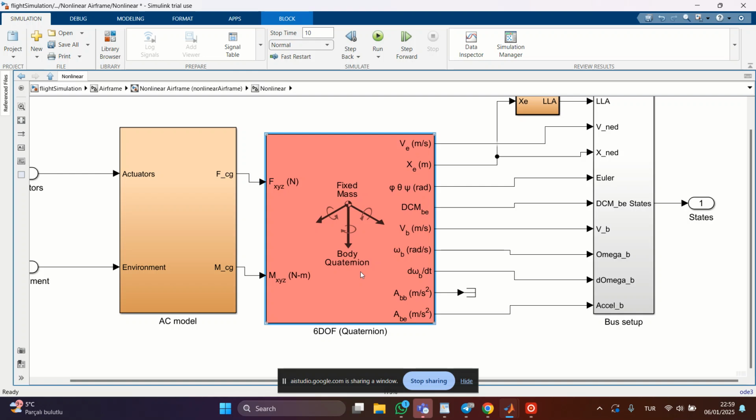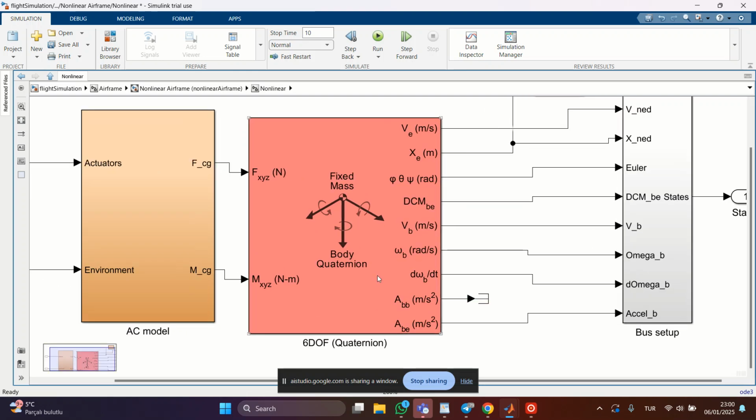Yes, the force and torque applied at the center of gravity of the body, represented by F_CG and M_CG, directly affect the motion and orientation of the body. The 6DOF block calculates how the body rotates and translates based on those forces and torques.